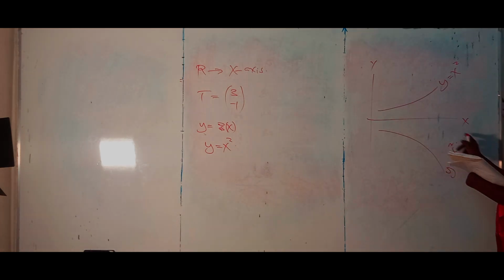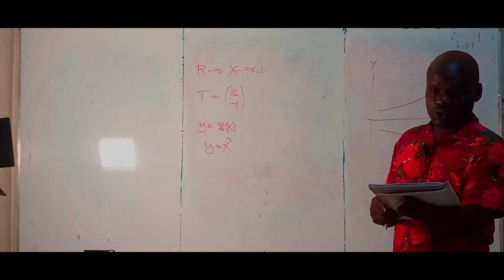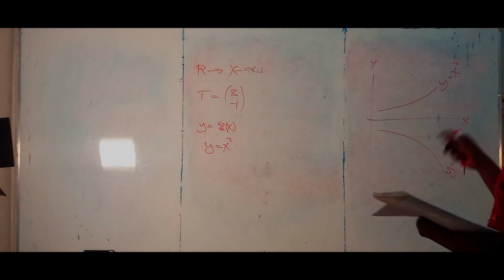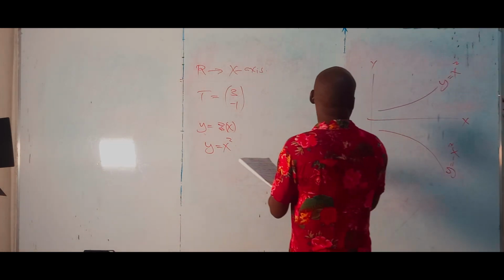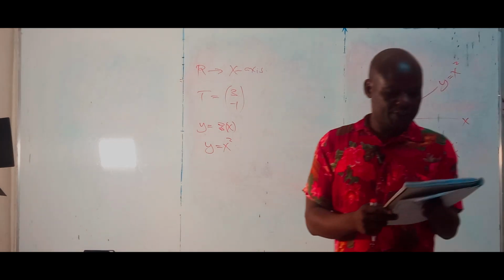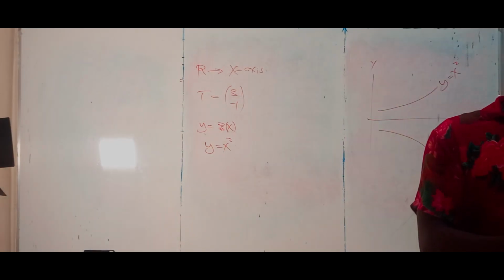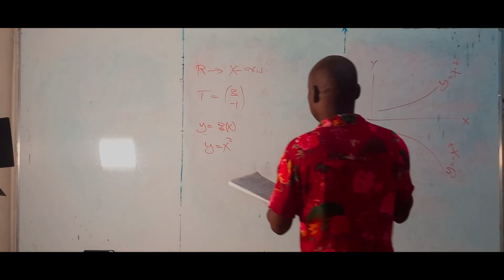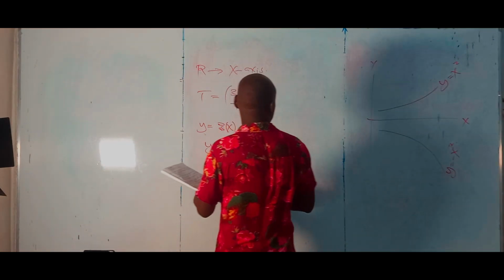Now we apply the translation on this. Translation by (3, -1) moves the graph by shifting x by 3, adding 3 to x, and reducing y by 1.